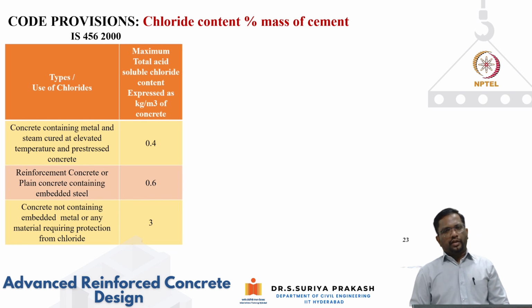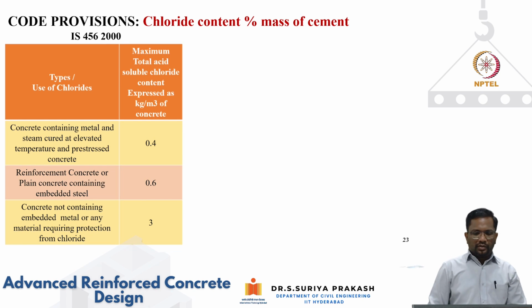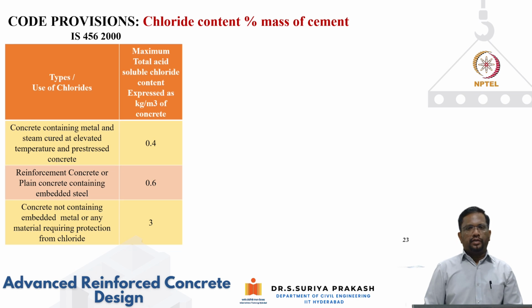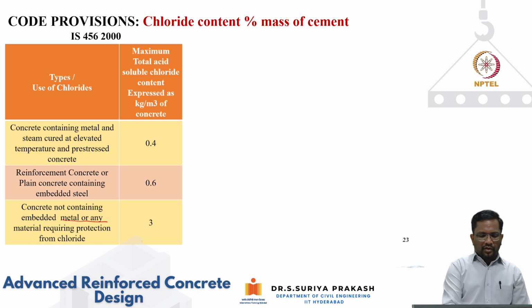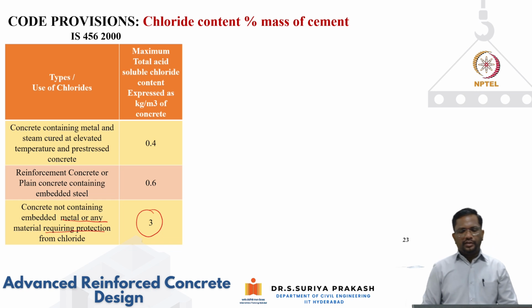Now again, to tackle chloride-induced corrosion, the codes are also specifying what is the allowable chloride content as a percentage of mass of cement. And you can see here for concrete that is not containing embedded metal or any other material that requires protection, then the code is allowing up to basically 3.